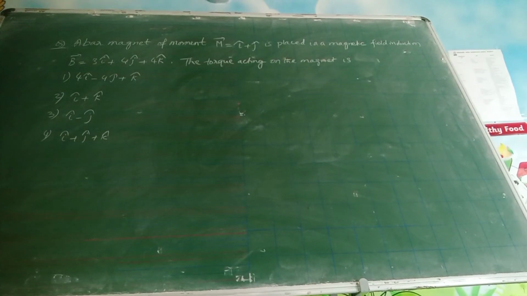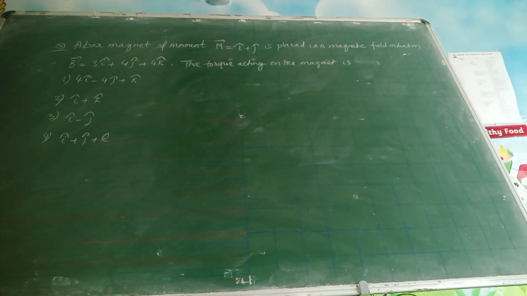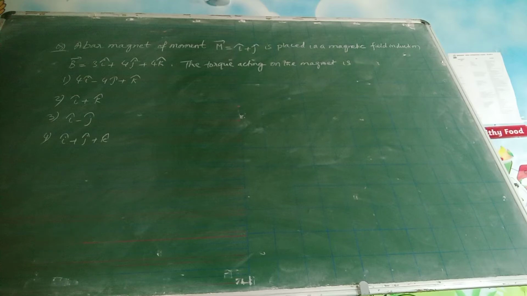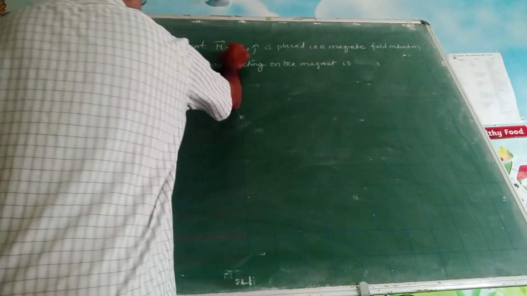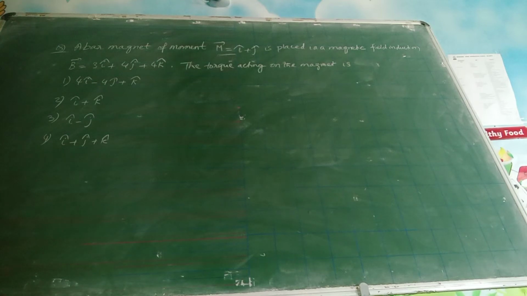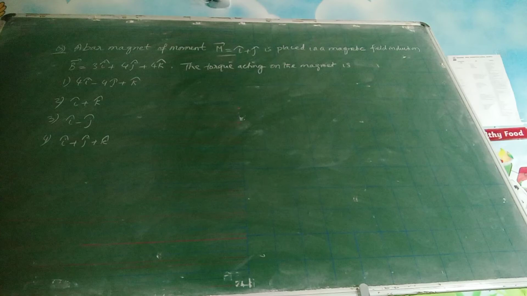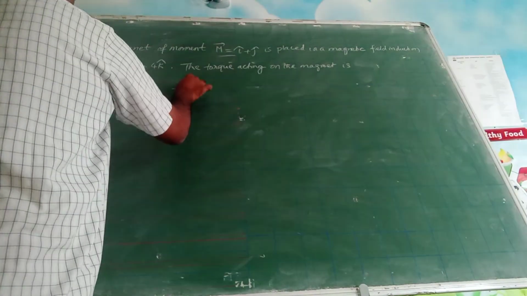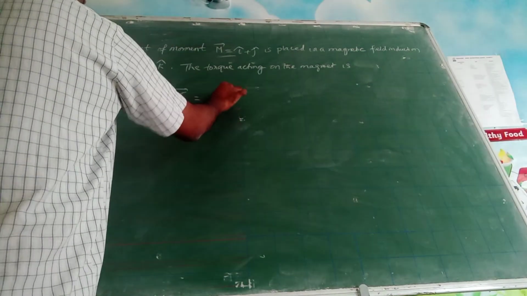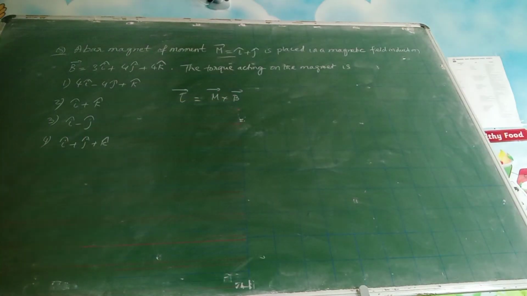Now this is a question on torque. I am presenting all types of questions that you normally come across. So here a magnetic moment is given to you, and they have given you the magnetic induction field, and you have to find the torque. So torque is defined as M cross B. Alright.